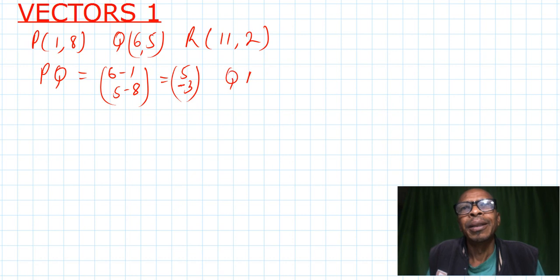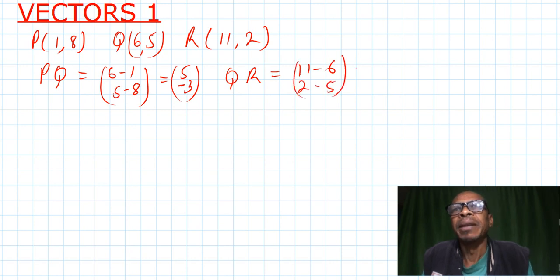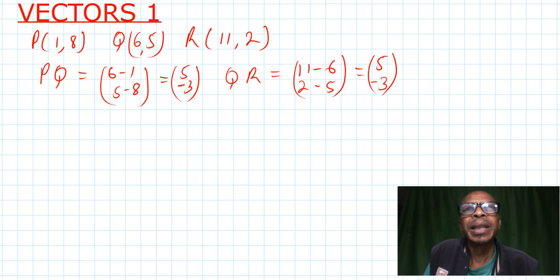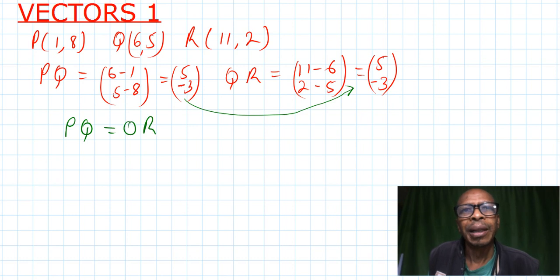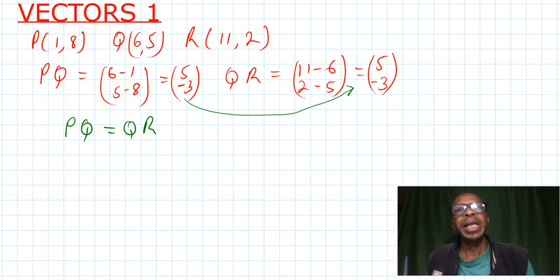QR is equals to 11 minus 6 and 2 minus 5. That will give us 5 and minus 3. So you see, now these two vectors are the same. So we can say PQ is equals to QR. You see now, they share a common point. Q is common.